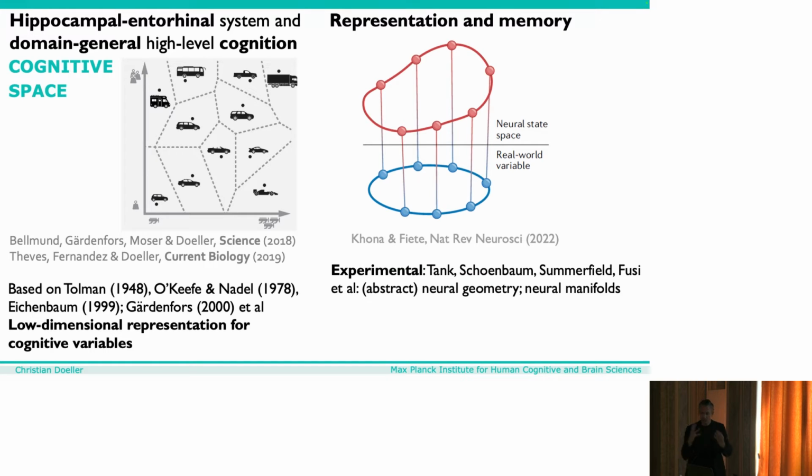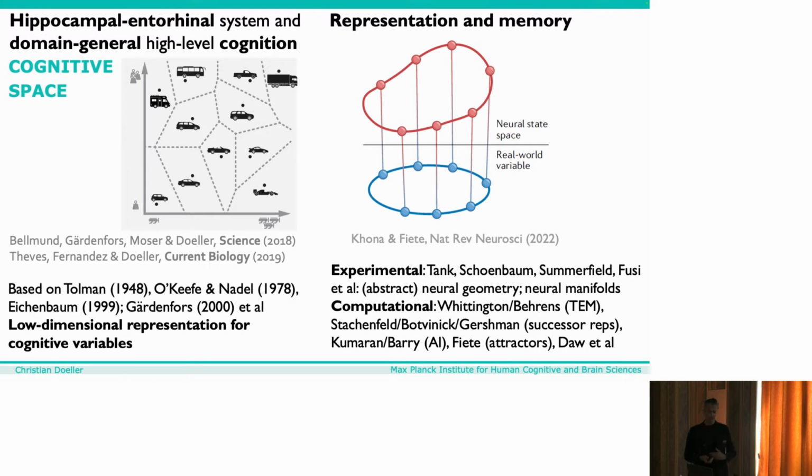There's a lot of experimental evidence, in particular when you look at these neural space representations in various domains, not only spatial navigation, but also memory and decision-making, where people also want to understand the neural geometry. I have that as a discussion point for the general discussion, to understand these neural manifolds.